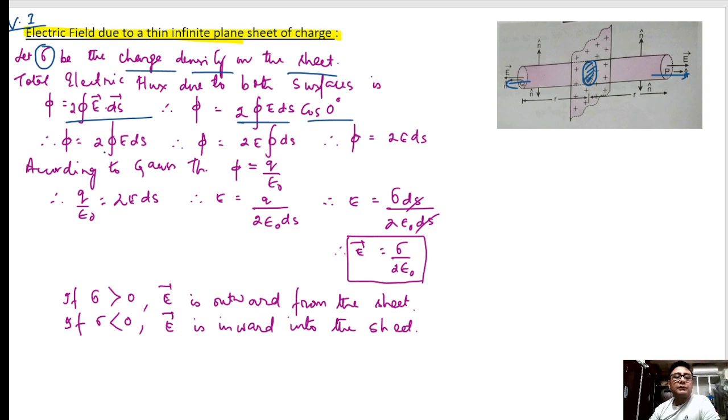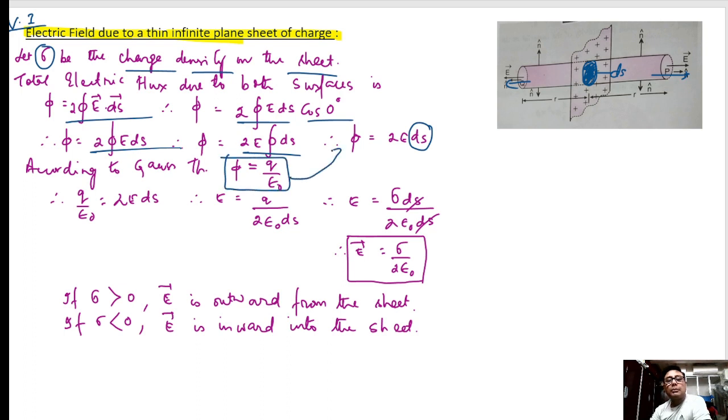So total flux will be this. And the integral of ds is ds only, because we are taking only this much area. 2E ds. But Gauss told the total flux coming out should be this.